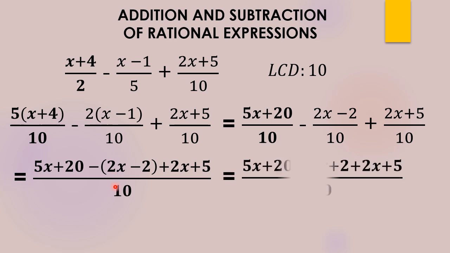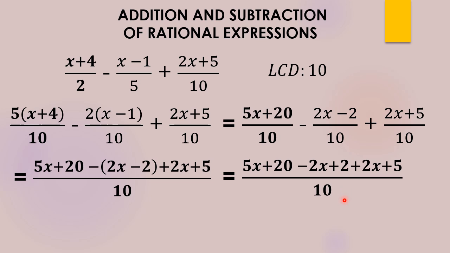So what will happen here is 2x, from positive, will become negative 2x because positive 2x times negative, it is preceded by a minus symbol, so it will become minus 2x. And then for 2, from negative 2, it becomes positive 2 because negative 2 times negative becomes positive. Negative times negative, positive 2.